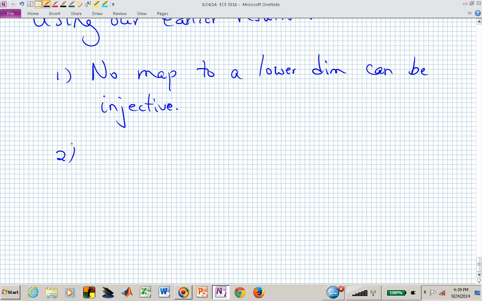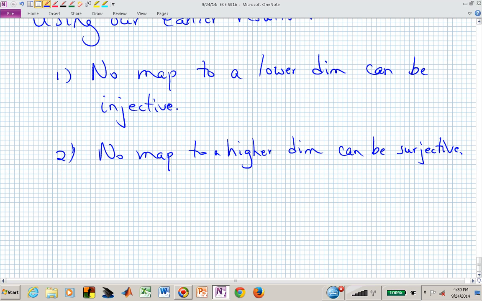The other point is no map to a higher dimension can be surjective. We can't cover every point if we go from 2 to 6. We aren't going to be able to cover the entire 6-dimensional codomain if we're starting with a 2-dimensional domain, which basically says we need to be mapping between similarly dimensioned spaces.